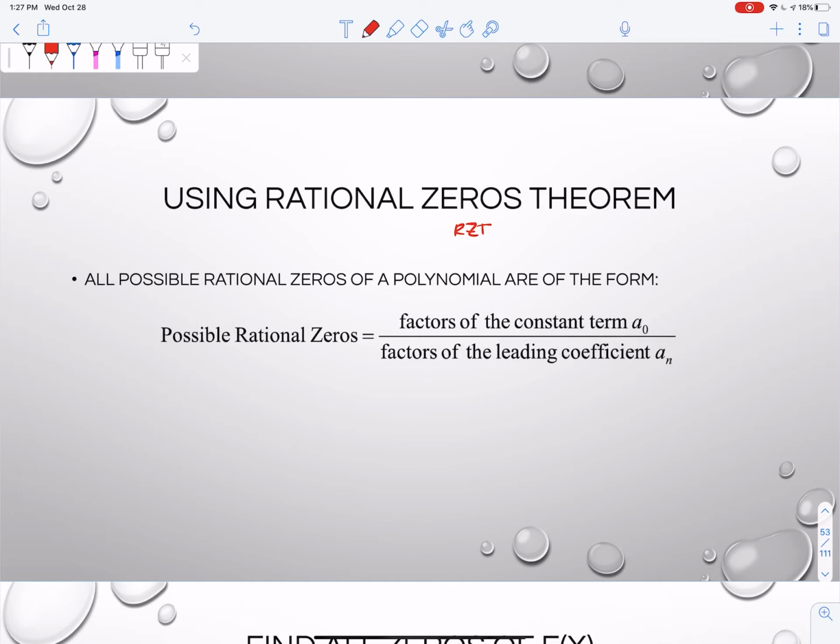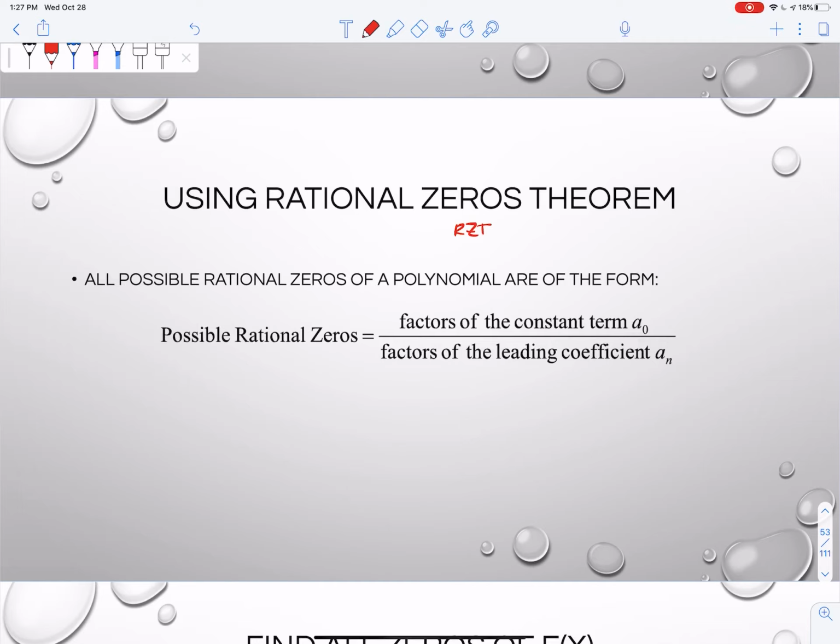And as we continue factoring, we're going to continue to reevaluate, to see if there are any things in our rational zeros list that we can eliminate based on what we have left in terms of a factored polynomial.